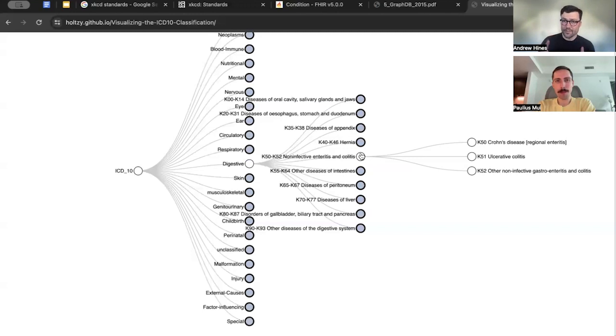But SNOMED is a standard from the organization IHTSDO. I think that's International Health Terminology Standard Development Organization. Anyway, no one needs to say that word again, least of all me.